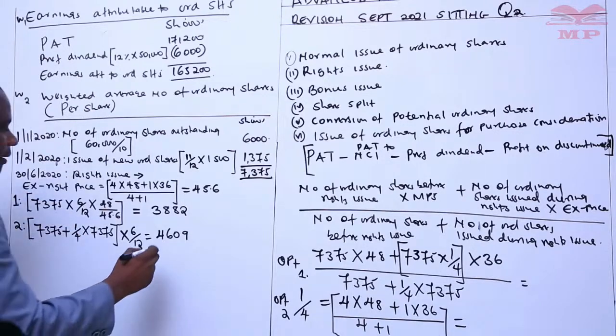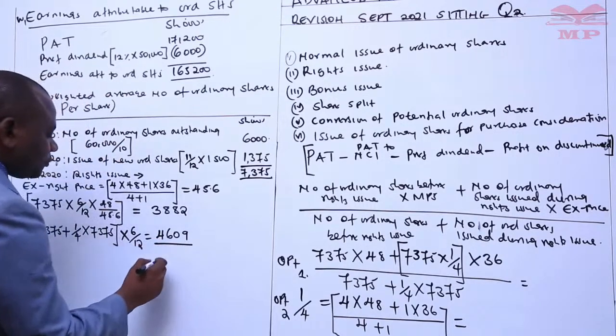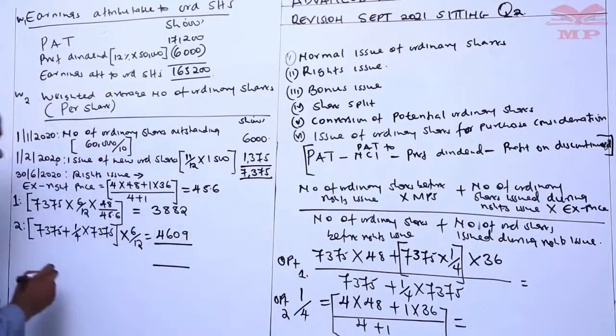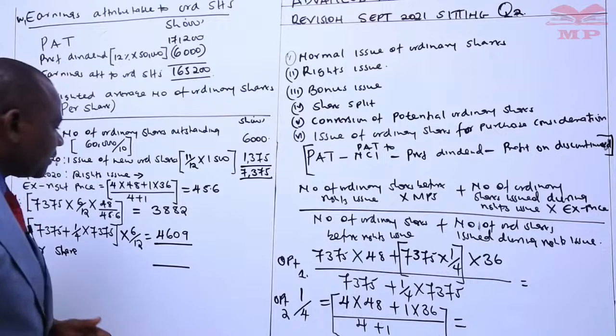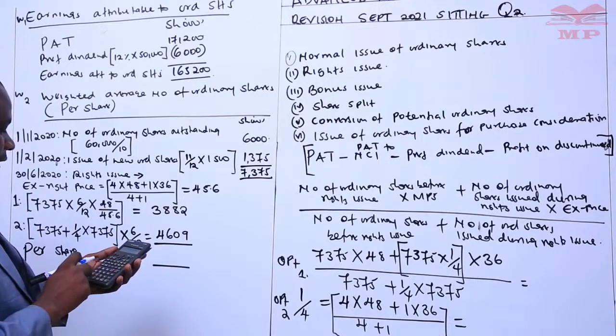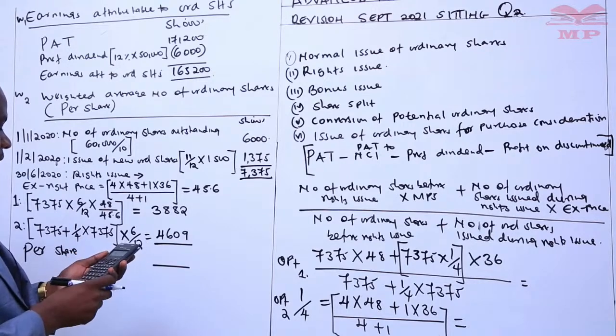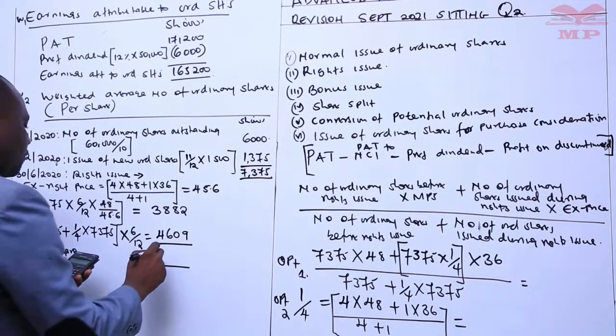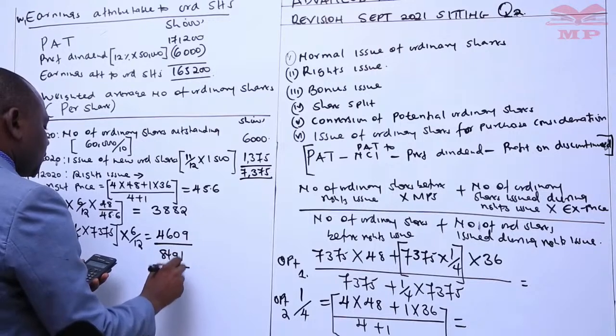So we can aggregate now. That means that our weighted average number of ordinary shares after the rights issue is now 3882 plus 4609. That is 8491.